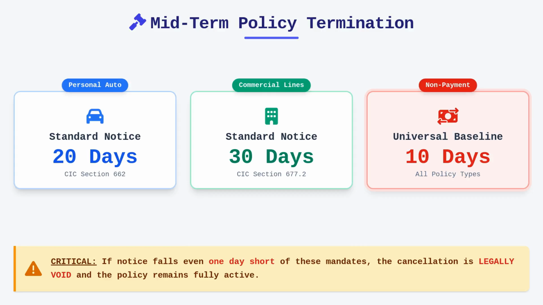You must memorize these specific day counts because the state licensing examination frequently tests your ability to differentiate between personal and commercial standard timelines versus the universal baseline for financial default. If an insurer issues a notice that falls even a single day short of these minimum mandates, the cancellation fails entirely and the policy remains fully active.